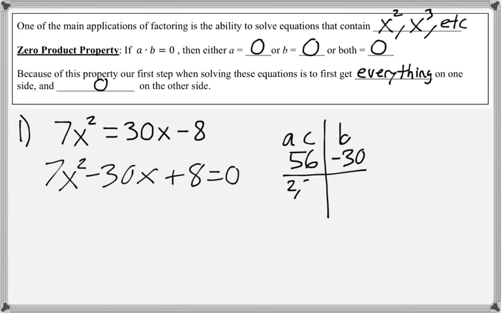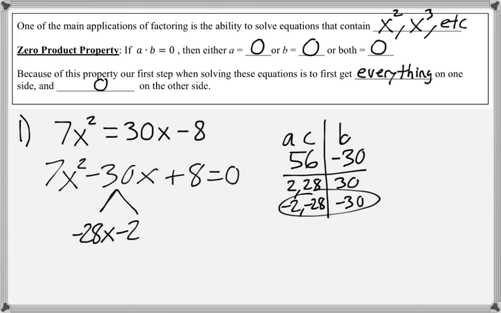So if I do 2 and 28, that gives me 30. Let's try the negative version, and that does work. So I'm going to change these to be negative 28x and negative 2x. So I'm splitting my middle term up into those two.